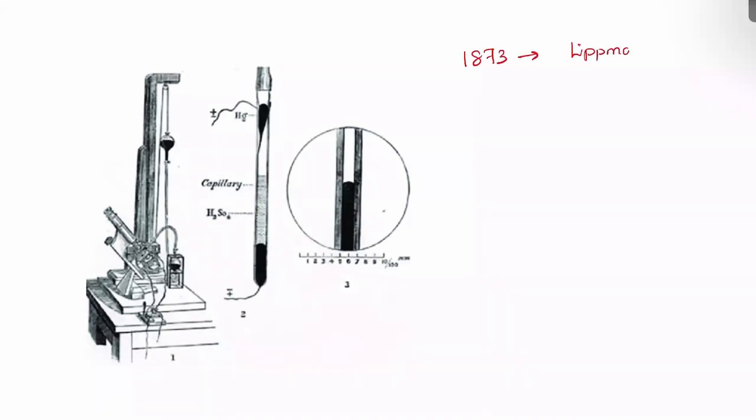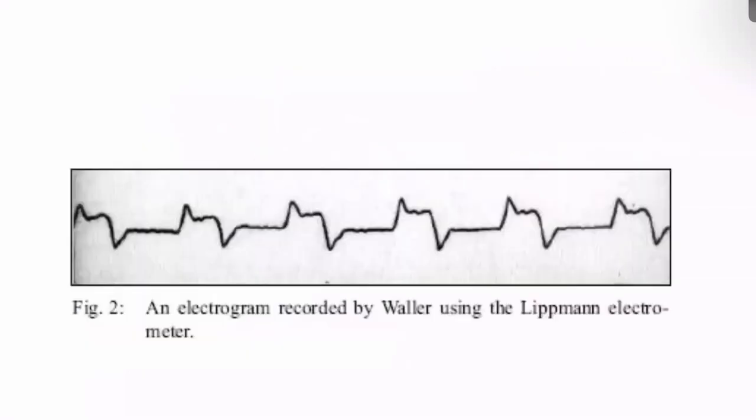Lippmann developed the capillary electrometer just to measure the density and some measurements regarding mercury and other ions and other electrolytes.